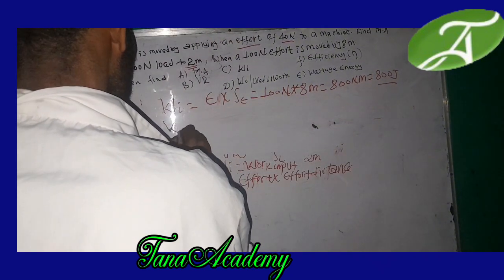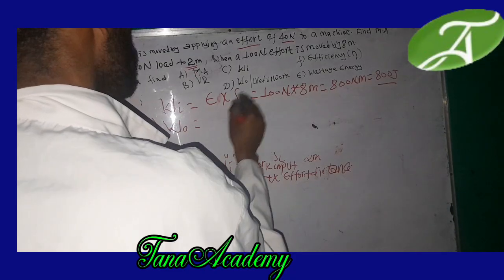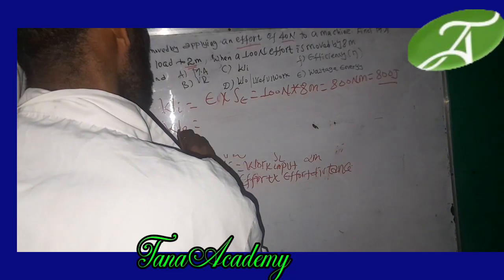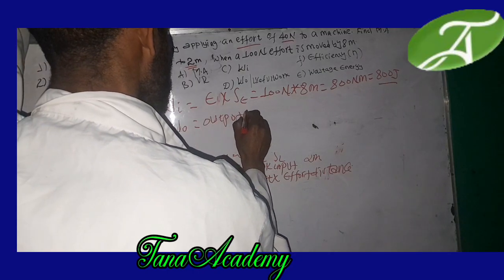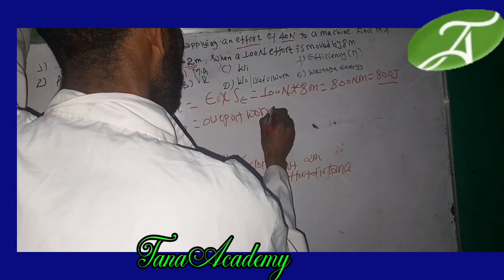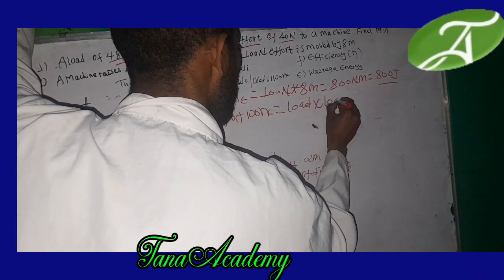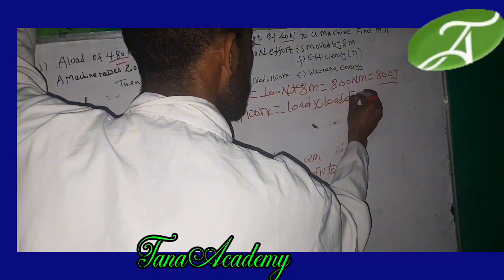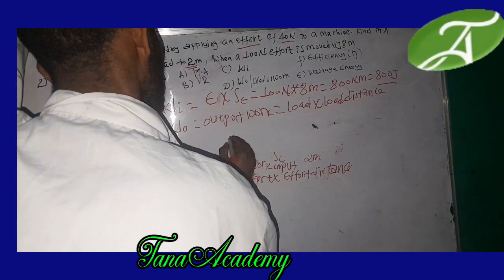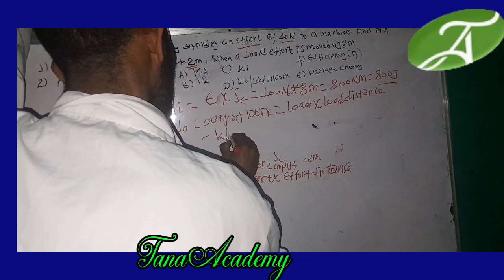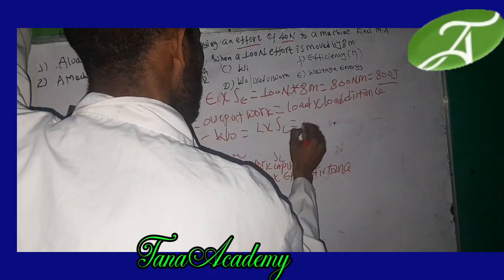That means work output, or D, work output or useful work. That means work output is equal to load times load distance. Work output, that means WO is equal to load times load distance.